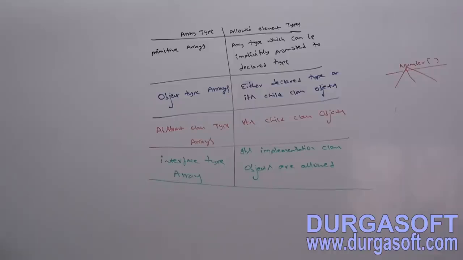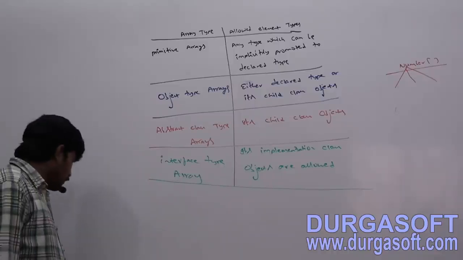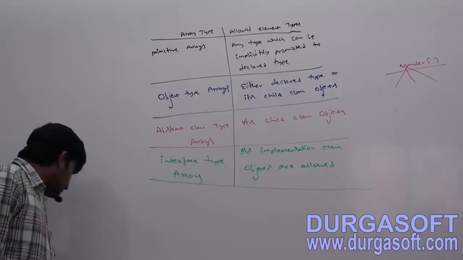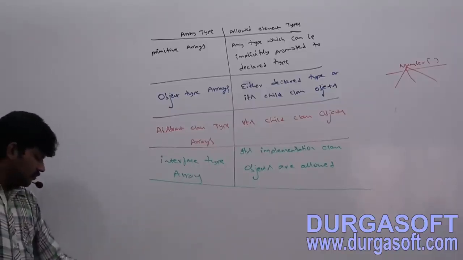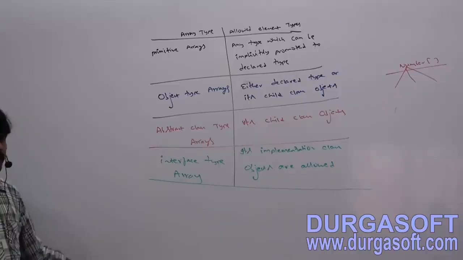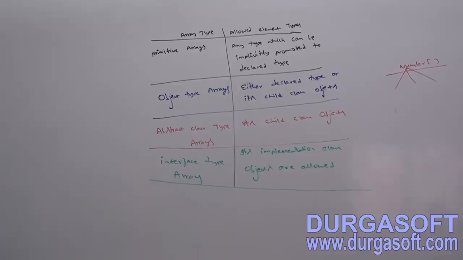Interface type arrays: its implementation class objects are allowed. Okay, that's all.